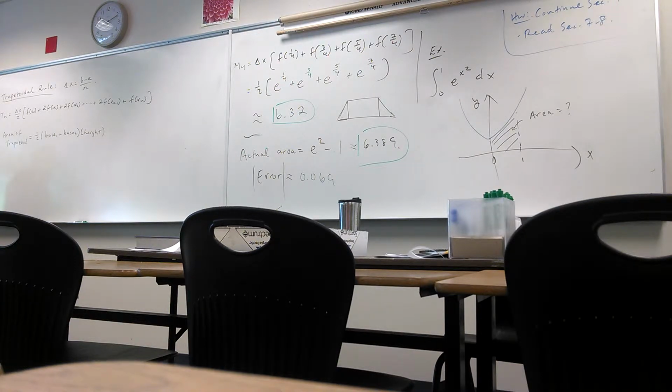It's going to be this length right here, right? Isn't that one of the bases? The other base is that one. So what dictates the length of that base? Is it going to be x sub 0 or f of x sub 0? F of x sub 0, right? So f of x sub 0 is going to be the first base.